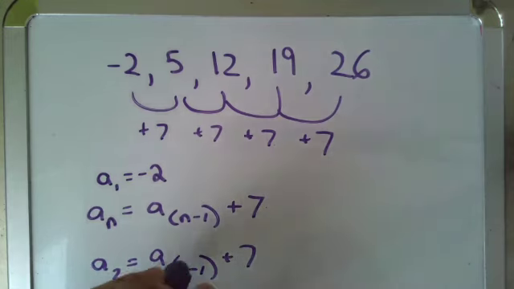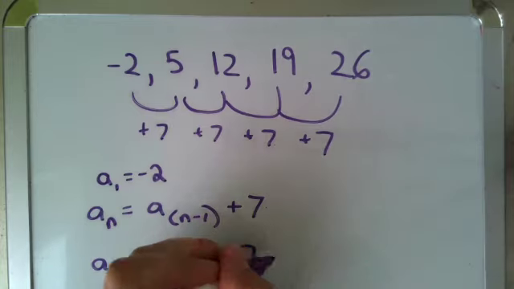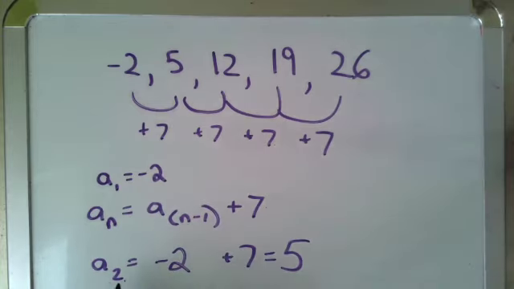Well, 2 minus 1 is 1, and my a sub 1 term is negative 2, so my a sub 2 term is negative 2 plus 7, or 5. And now that I have my a sub 2 term, I can find my a sub 3, and so on and so forth.